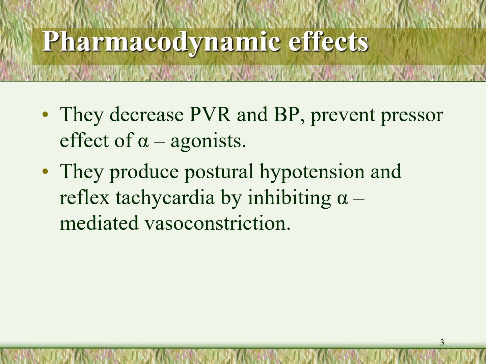This involves an immediate release of the sympathetic adrenergic neurons, releasing adrenaline, which acts on the alpha 1 receptor, leading to vasoconstriction. This vasoconstriction increases the peripheral vascular resistance, and the increase in peripheral vascular resistance tends to increase the blood pressure, which will be suitable for the new position. So in the case of a patient taking an alpha blocker, this will result in postural hypotension.